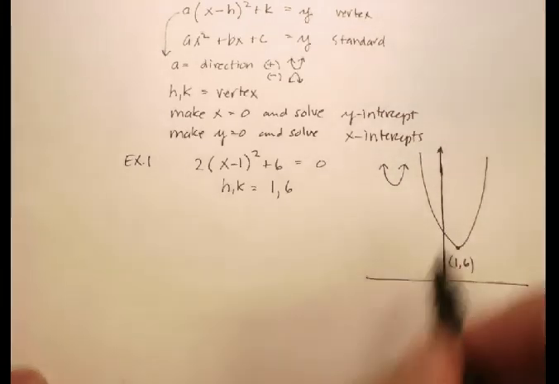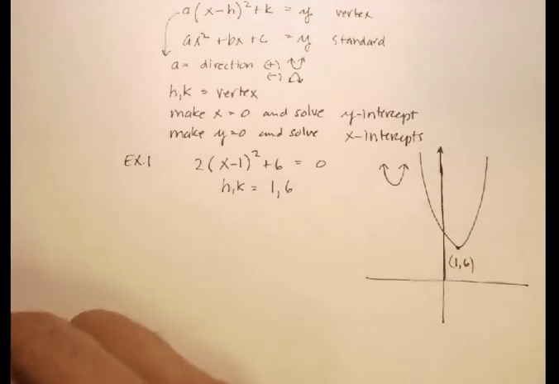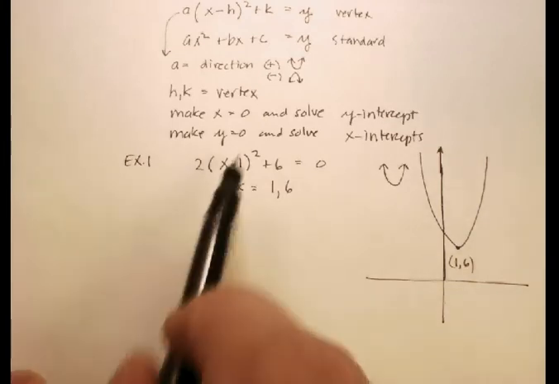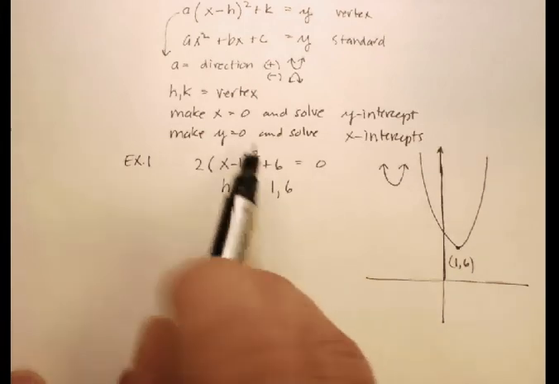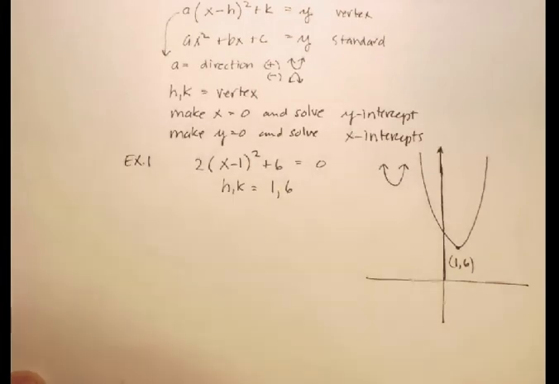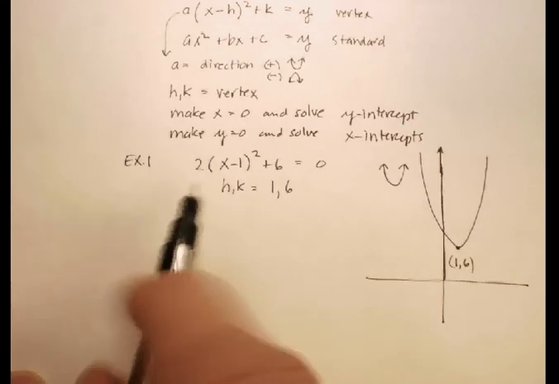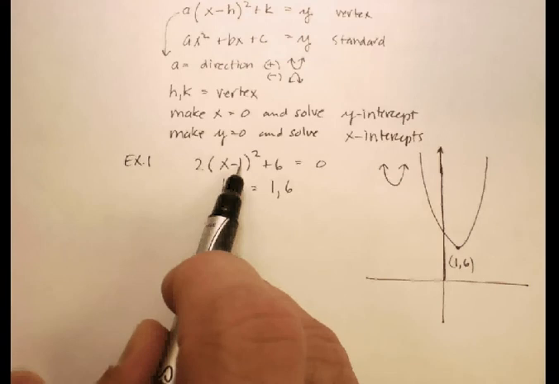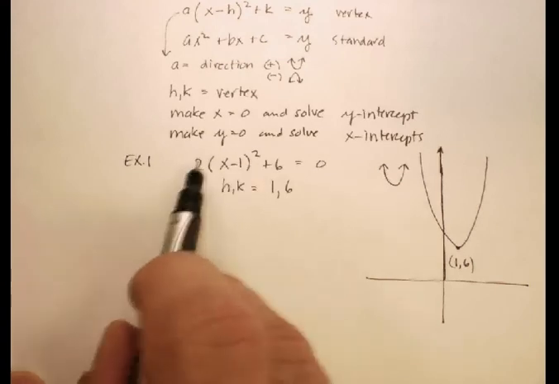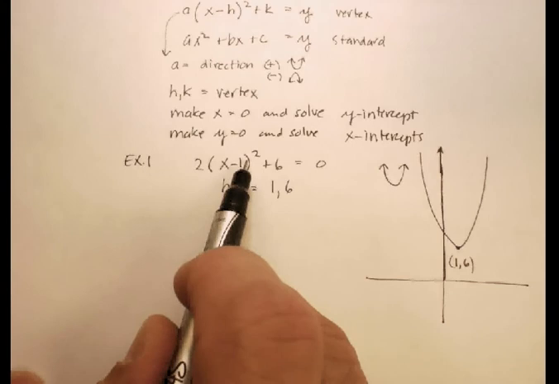Like, for example, where does the y-intercept come in? Well, let's actually figure that out. What is my y-intercept? Remember, you make x 0 and then solve for the y. That's my y-intercept. So here we go to my equation. 0 minus 1 is negative 1. Negative 1 squared is 1. 2 times 1 is positive 2.